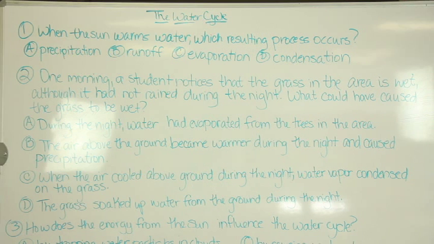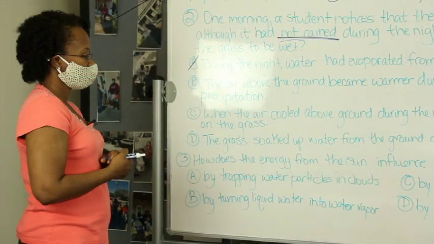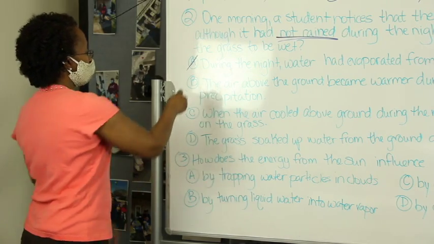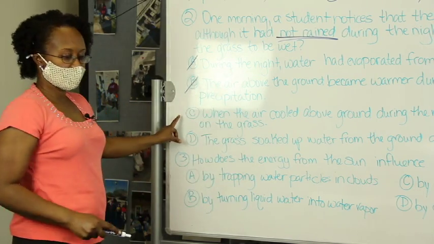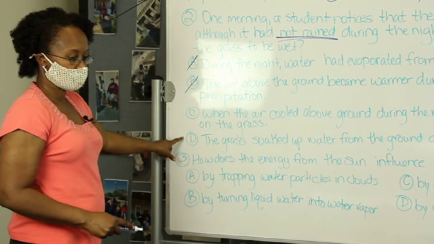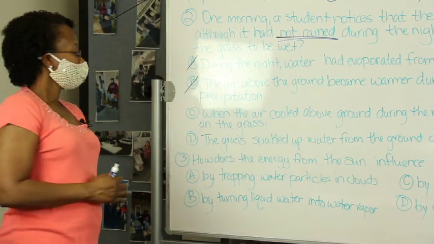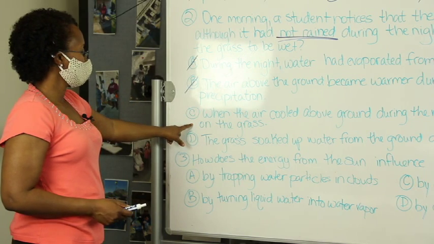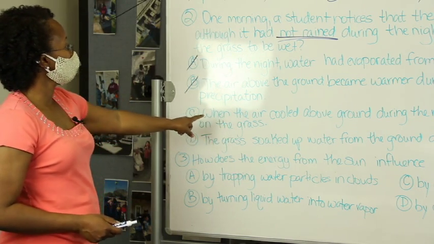Let's go to D. The grass soaked up water from the ground during the night. Would the grass soak up water from the ground at night? So I would go ahead and mark this one out, and I'd make a choice between C and D. My best bet would be C, just because it took you through the process.